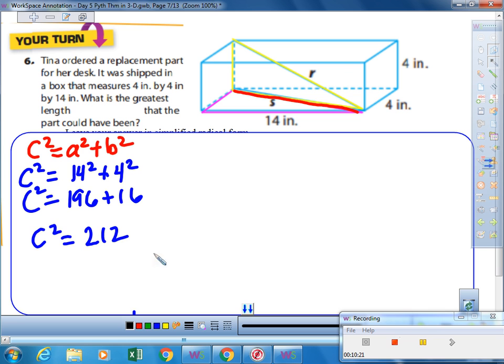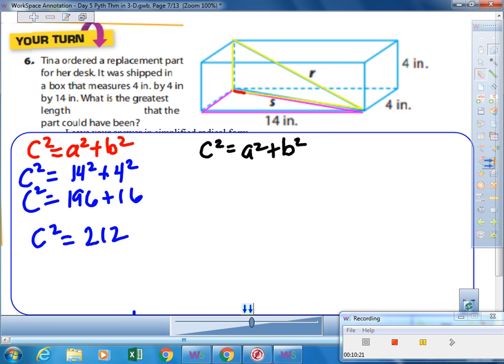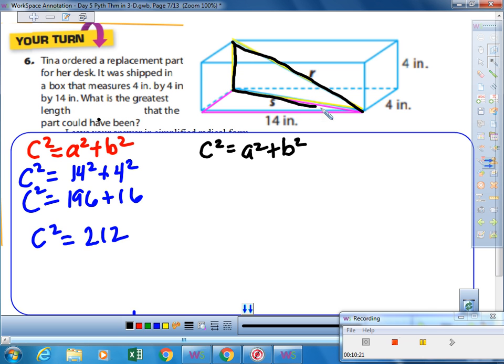Now I'm going to write my next problem up. So now I'm going to find R. Here's my right triangle that I'm going to use.